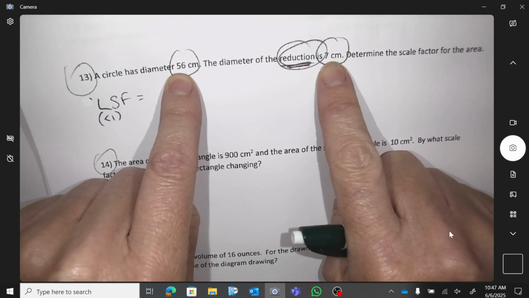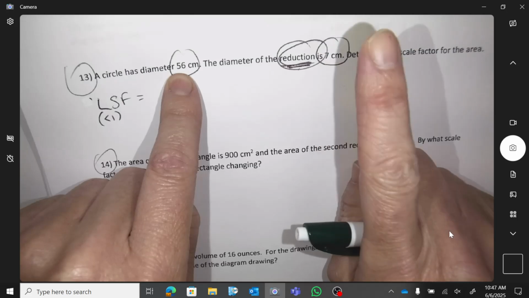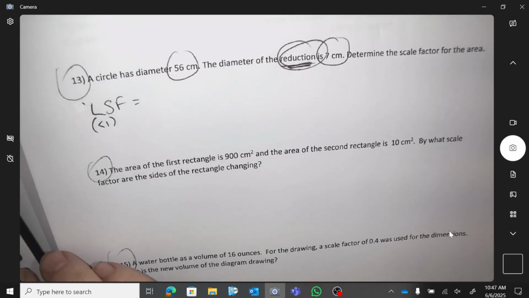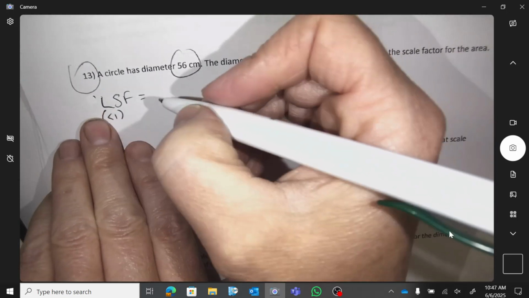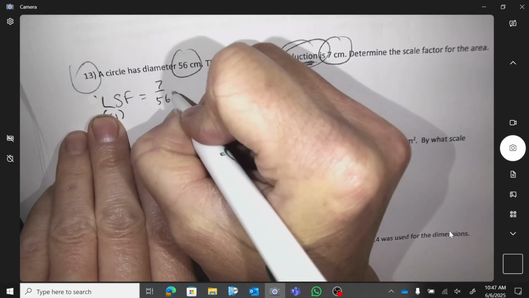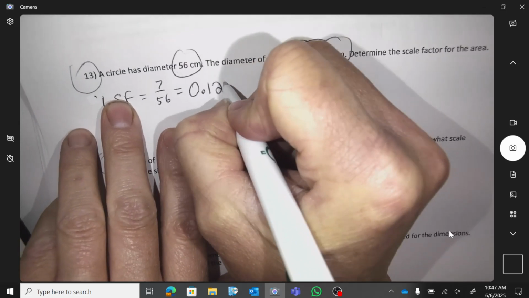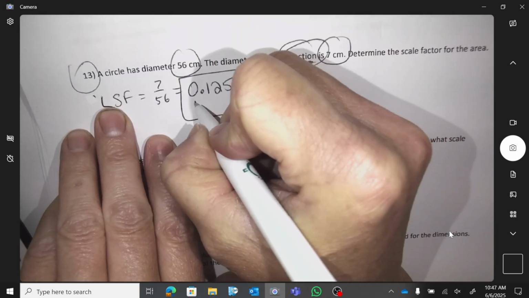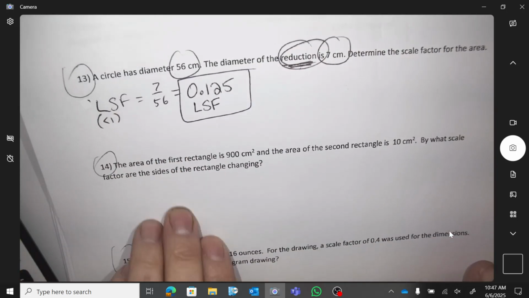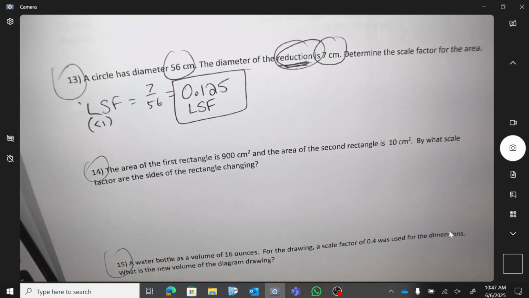Does that show a reduction? No. So I better go this way. 7 divided by 56 is 0.125. Okay, so that would have been one trick to figure that out. If you had divided the other way, you would have had a scale factor of 8, and that would show me enlarging something.